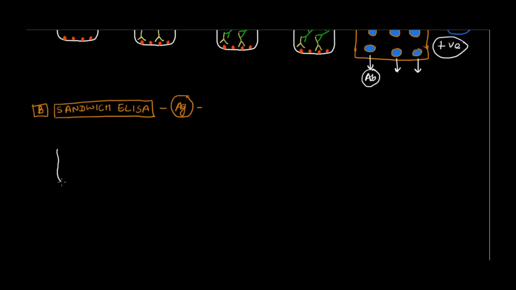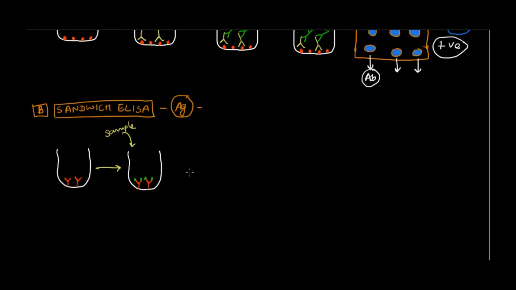I would have my well of plate, sorry for the diagrams, coated with the antibody against the antigen that I'm looking for. We'll go ahead and add the sample. So let's add the patient sample. If the sample is having that particular antigen, what will happen? It will go and bind to these antibodies, right?